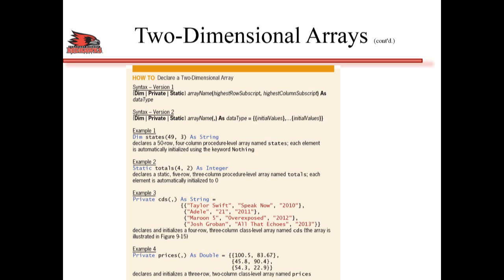We remember, in a 1D array we didn't have to put anything between the parentheses if we are already putting in initial values. But since there's a row and a column here, we need to put the comma, and then put in the data type, and then equals whatever initial values we want, separated by commas.